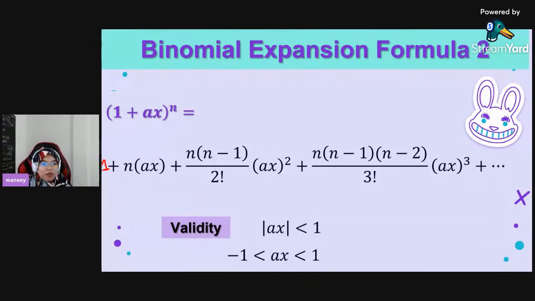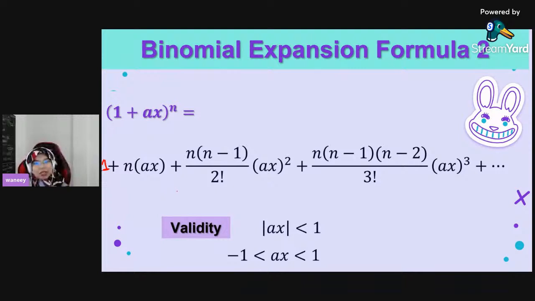Okay, so we have a validity where the absolute value of ax should be less than 1. So if you open the modulus using the second chapter, ax will be in between -1 and 1. And then of course we are going to make x the subject so that we know exactly what the range for our validity is.